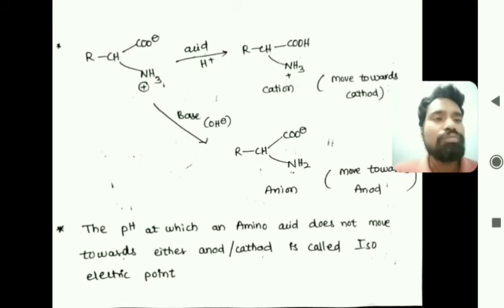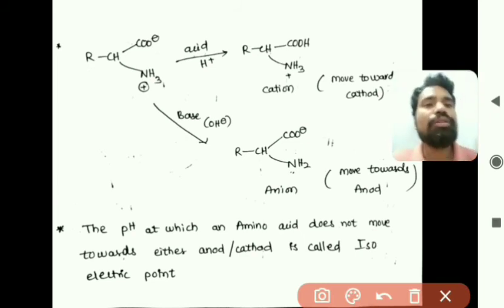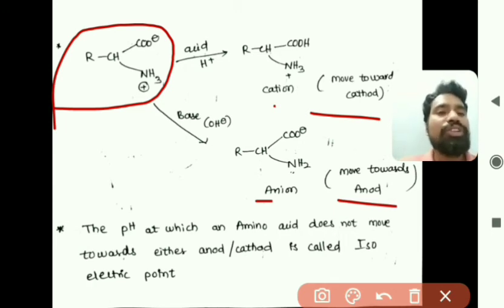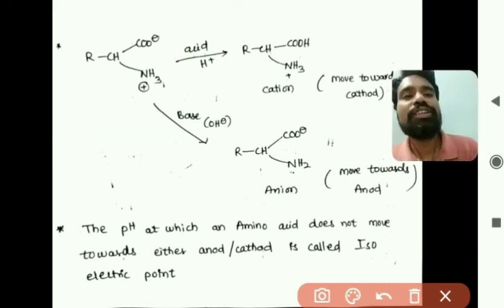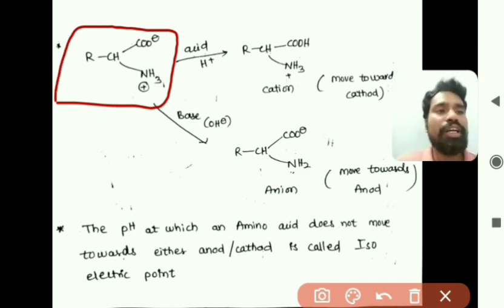Now at an intermediate pH value, which is neither acidic nor basic, the dipolar ion will exist more, means it will not form a cation or anion. So it may not move towards the anode or cathode. The pH at which an amino acid does not move towards either anode or cathode is called the isoelectric point. At that particular pH value, the amino acid exists more as a dipolar ion or zwitterionic form.